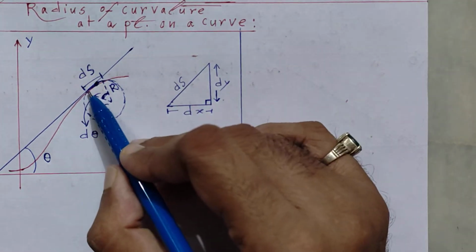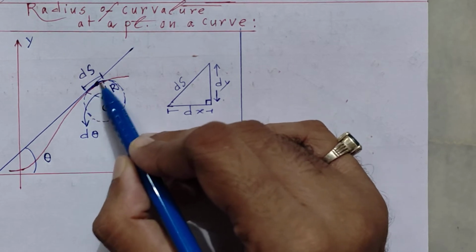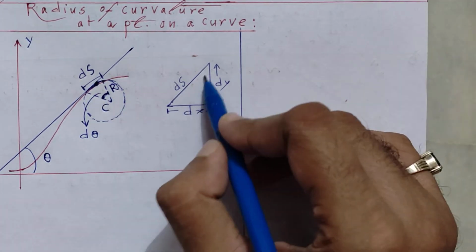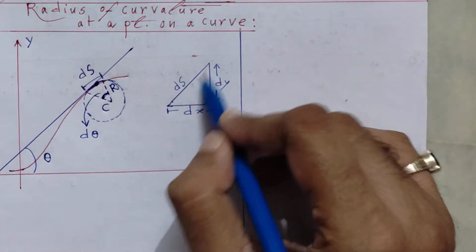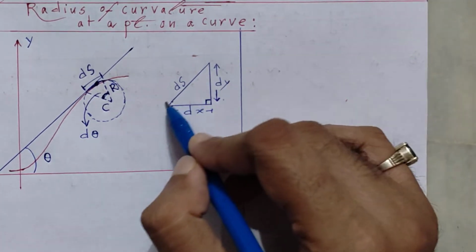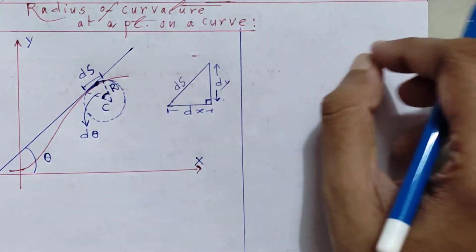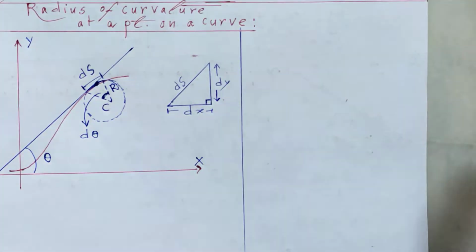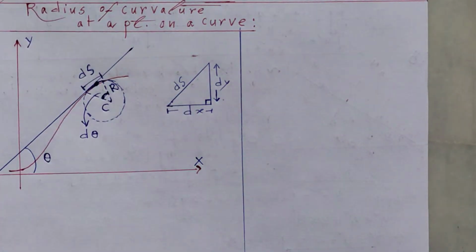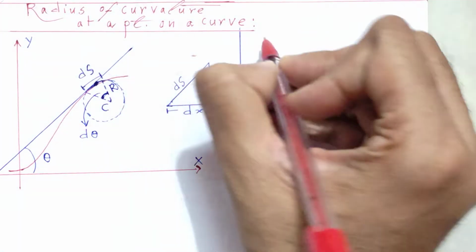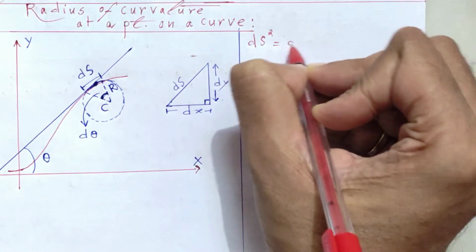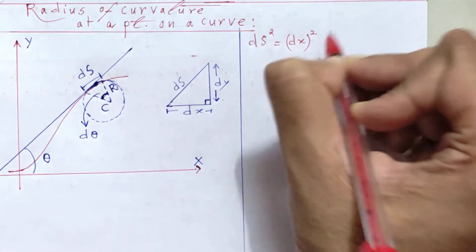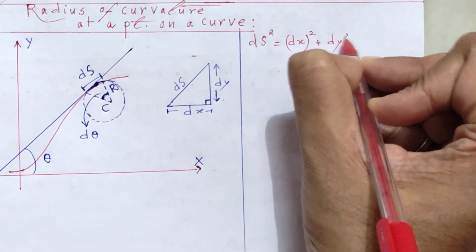So here you see, if I choose this particular part ds, it will have a corresponding height and a base of a right angle triangle. So I am considering a right angle triangle whose hypotenuse is this ds. So evidently the altitude will be dy and the base is dx. So using Pythagoras theorem, ds square is equal to dx square plus dy square.